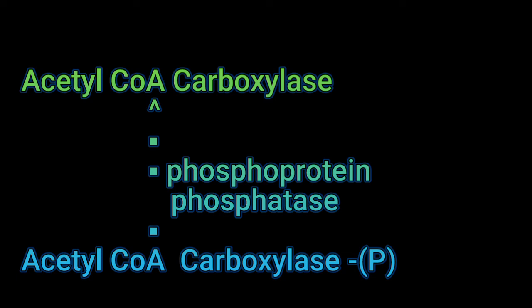Under these conditions, acetyl-CoA carboxylase will be activated and will promote the formation of malonyl-CoA, which serves as this important substrate for fatty acid synthase. And as a result, fatty acid synthesis will be activated or increased in the cytoplasm.